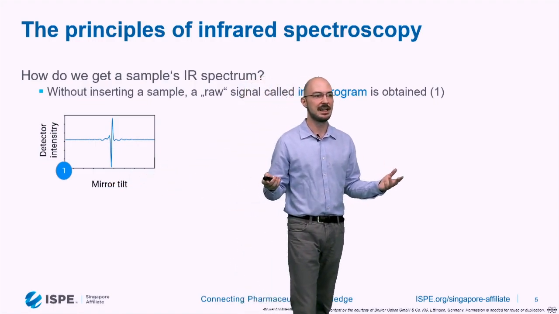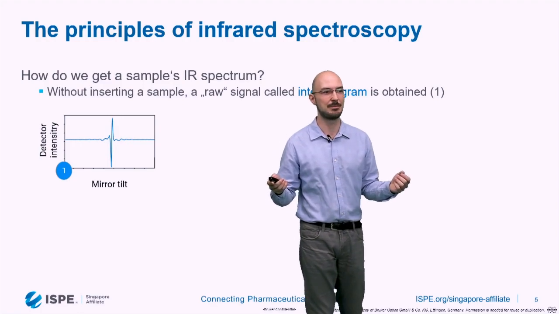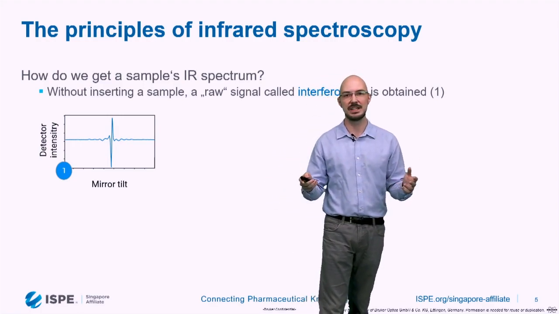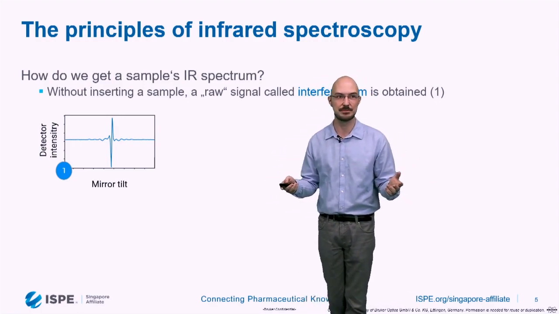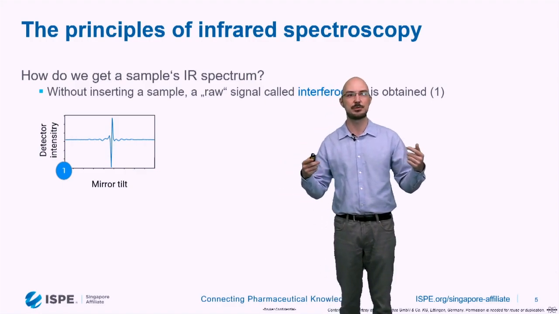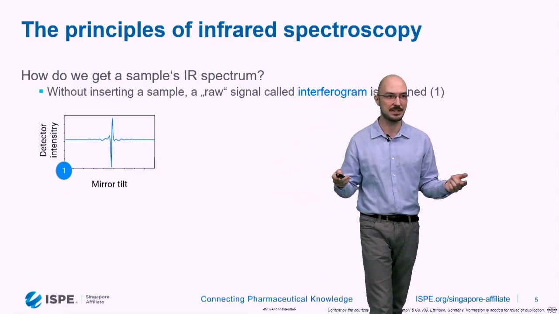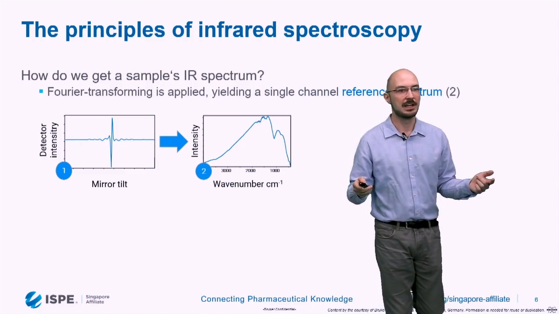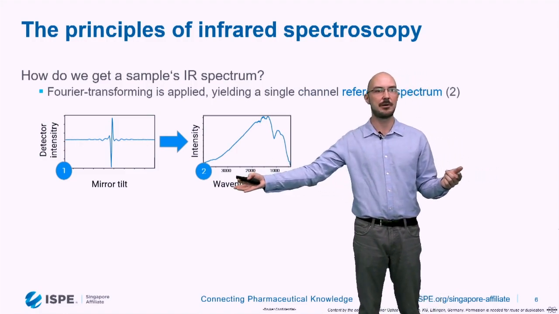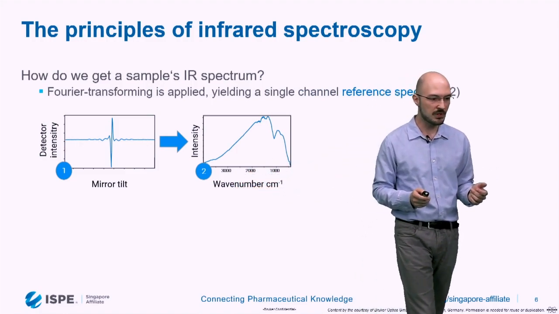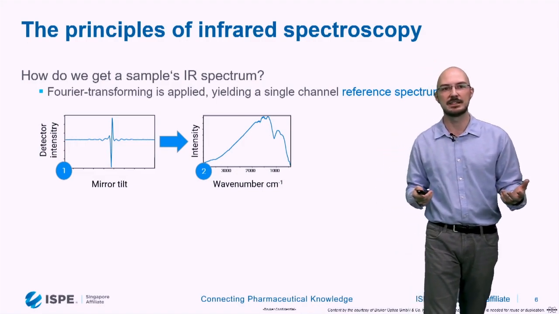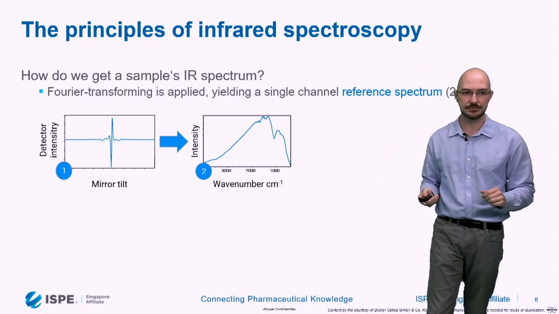From this, as it looks almost the same everywhere, we don't really have a nice spectrum yet. So now the mathematical equation of the Fourier transformation comes in, and after that we receive our reference spectrum, more commonly known as a simple background.